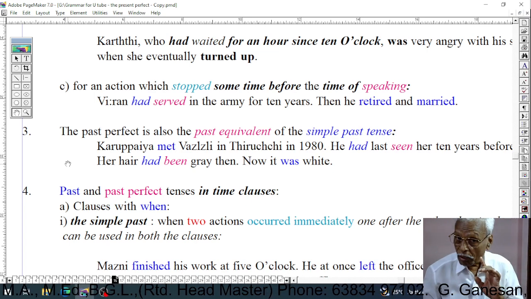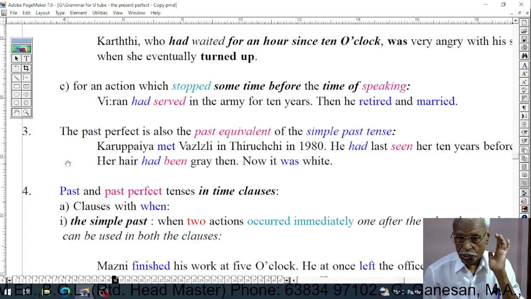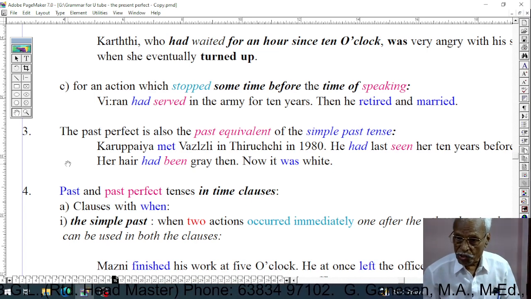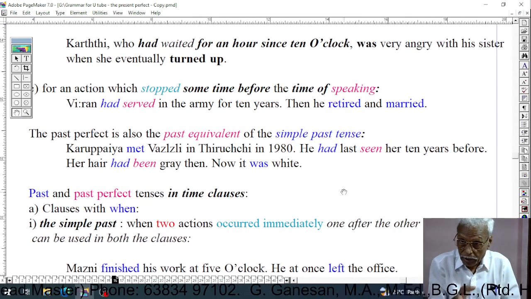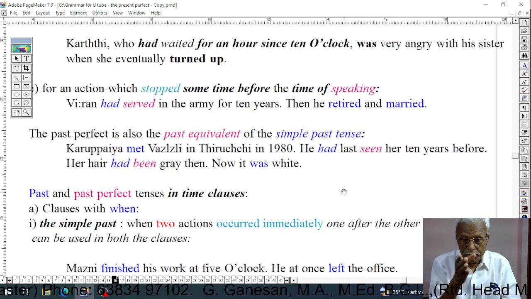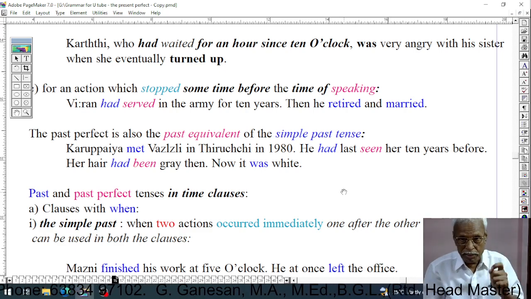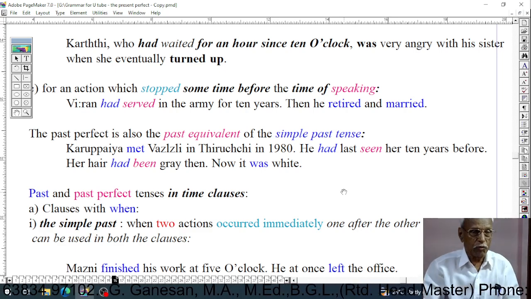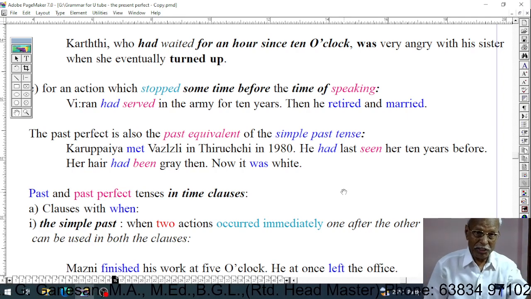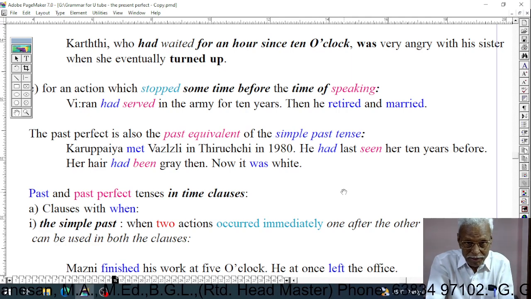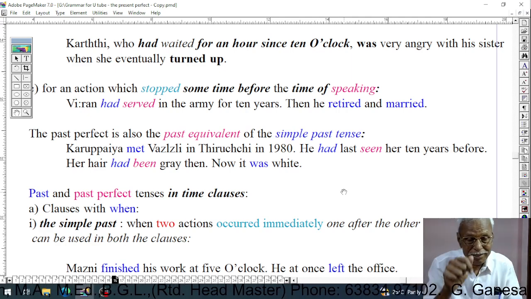He had last seen her 10 years before. That is, in 1970 he had seen her. Now again he met her in 1980.